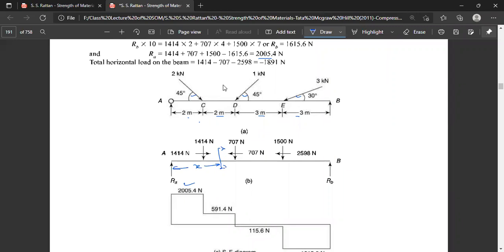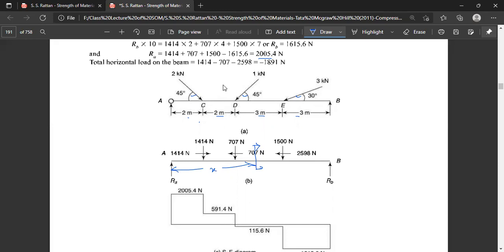And if we take the section here like this, at a distance x, now we have vertical force RA, that is 2005.4, one vertical force downwards 1414, and another vertical force 707 downwards.